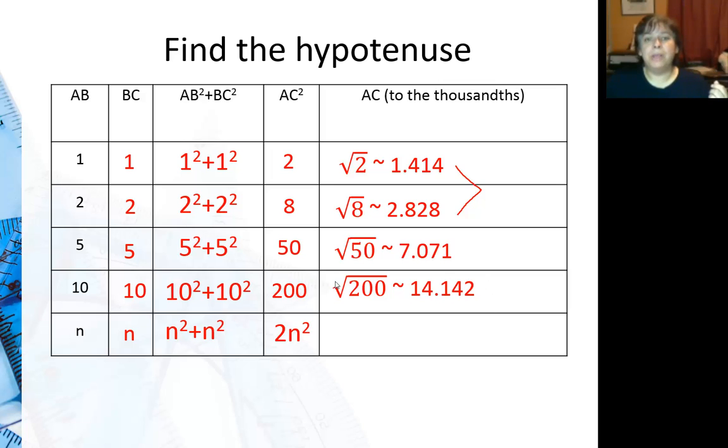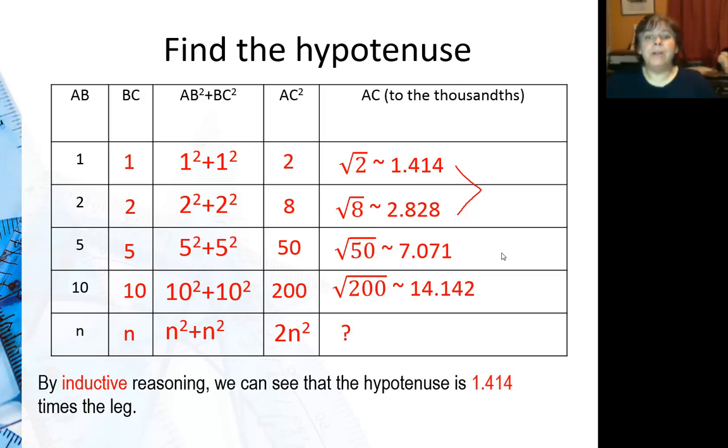And then if you look at when I do 10 of them, it's like 10 times 1.414. So we're going to make the conjecture that the hypotenuse, if the side is n, we're going to say it's 1.414. Okay, where is 1.414 coming from? Well, you can probably see that square root of 2 is 1.414.